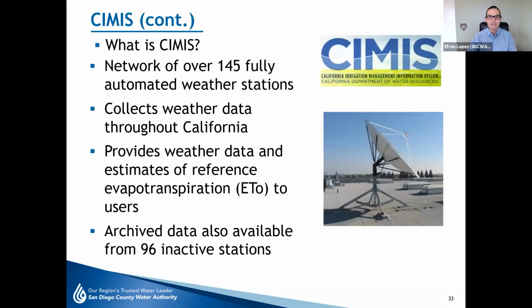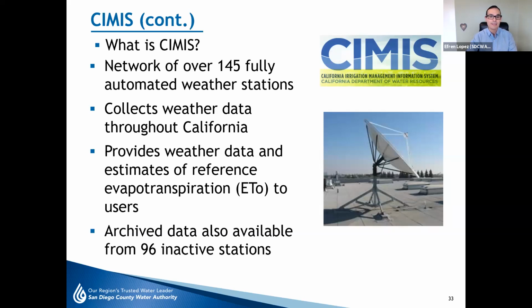So CIMIS is a network of over 145 fully automated weather stations. I'm sure you've heard of them before. They collect weather data throughout California and provide weather data and estimates of reference evapotranspiration, ETO, to users. CIMIS has been helping agricultural growers and landscape supervisors and managers manage their water resources for a long time.